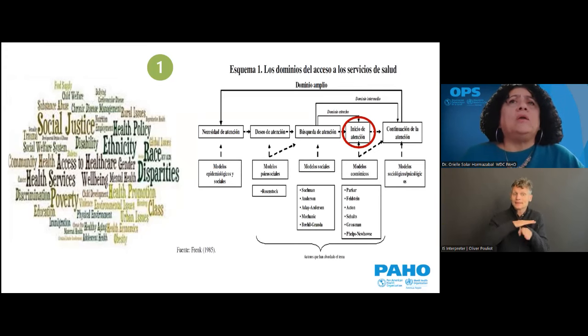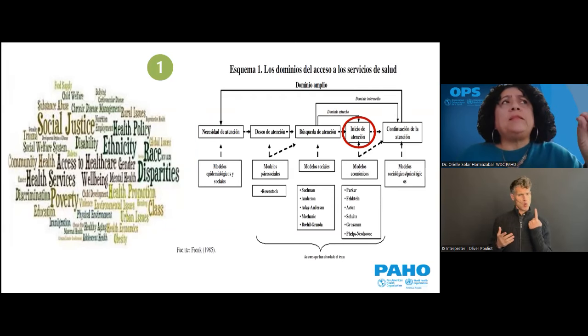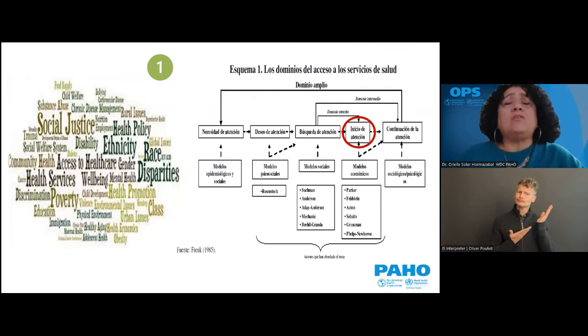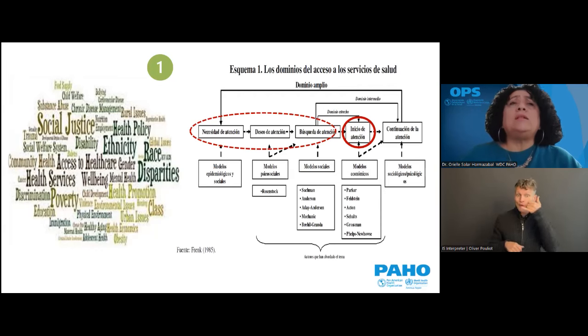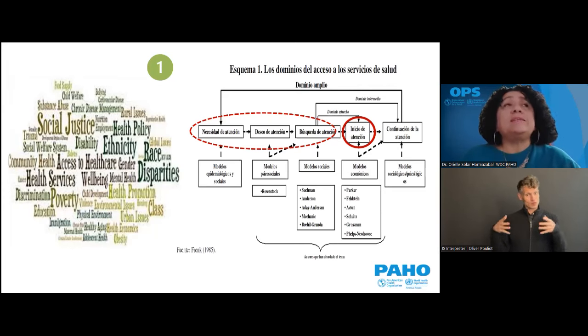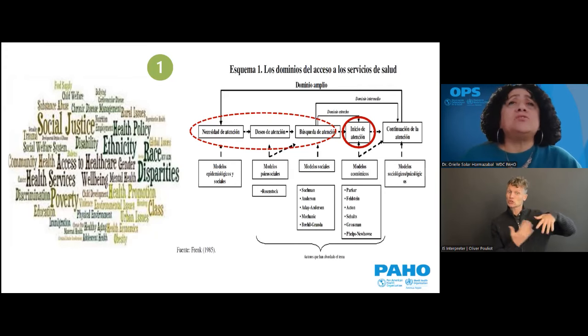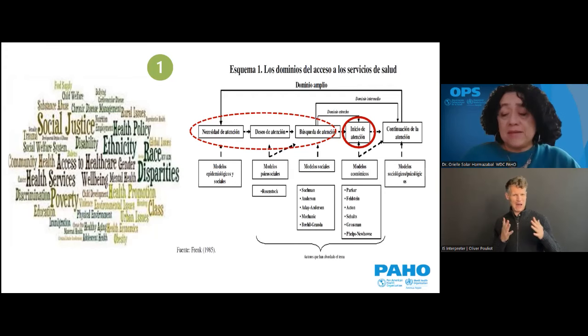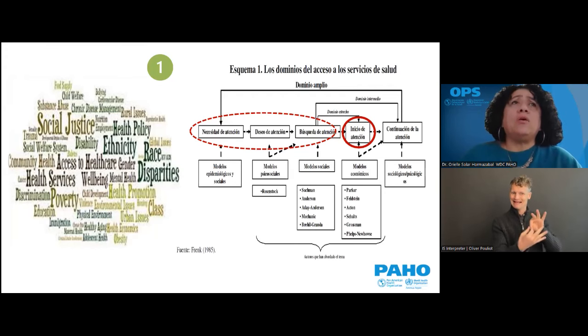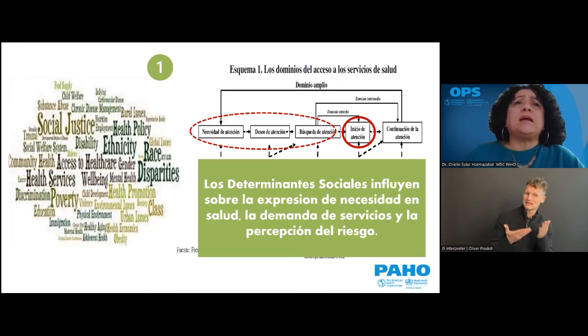Normally, we look at who uses health services, and therefore mainly at those people who have the ability to contact services, to look at continuity of care and the link to services. But without doubt there is something really important: the social conditions influence the need for care, they influence how this need for care expresses itself in health demand, and they influence how you perceive a certain risk or health problem, in this case, elimination.